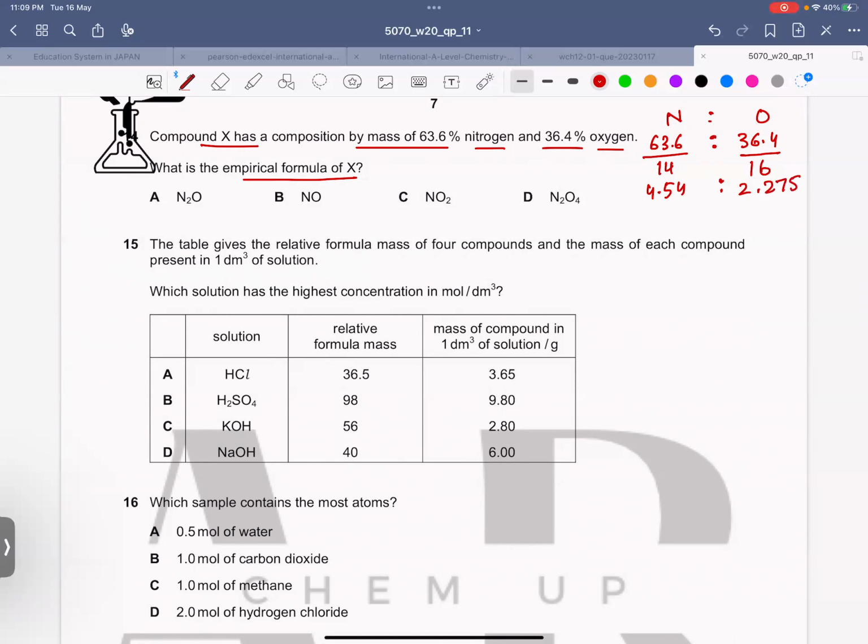So the oxygen has the lowest value, so we divide both by 2.275. And I think here you will be getting 1 and here you will be getting 2, which indicates that your correct answer is this one. So B, C, and D go wrong and A is your correct answer. Is this clear? Yes.